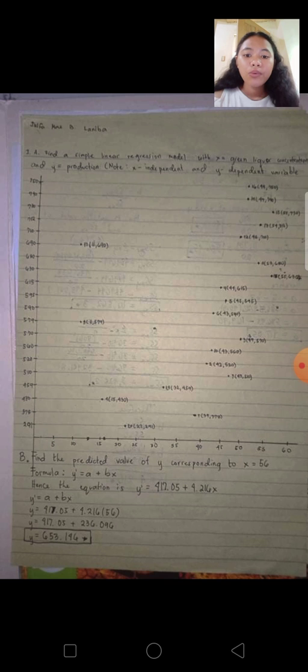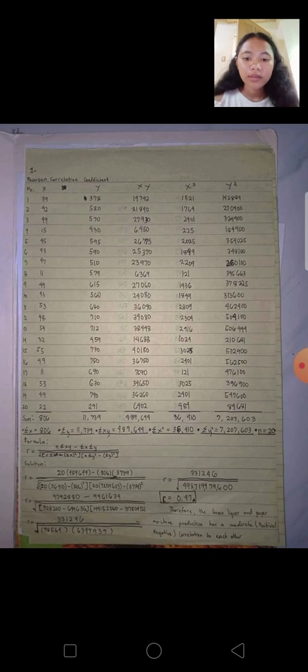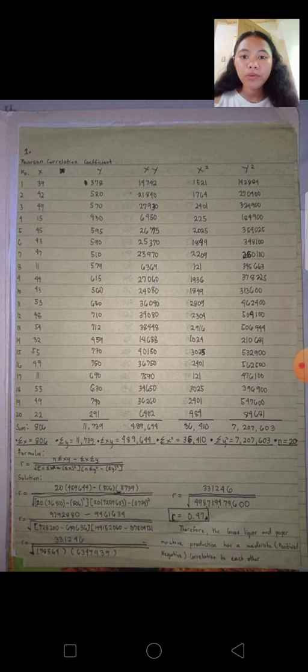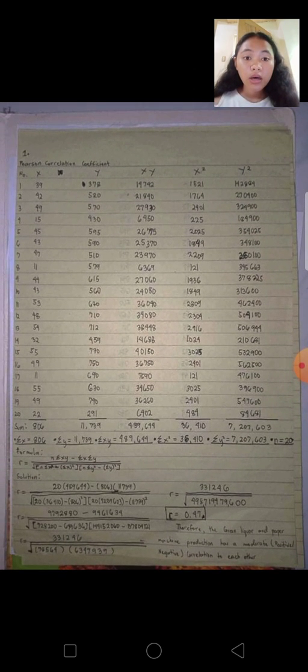And now we will proceed in finding the formula of the Pearson correlation coefficient, ang formula niya para makakonclude na ta kung naay correlation or naay correlation sa mga variables or wala.